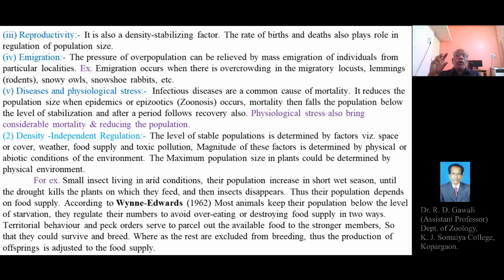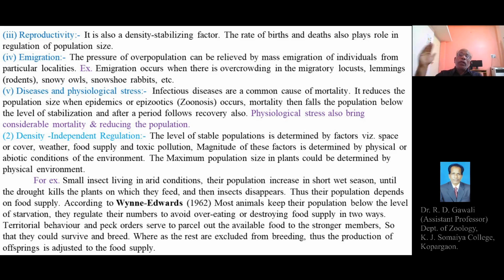Means the number of these small insects will increase during the monsoon months or the wet season until the drought kills the plants on which they feed.